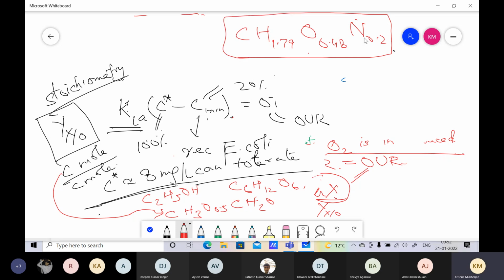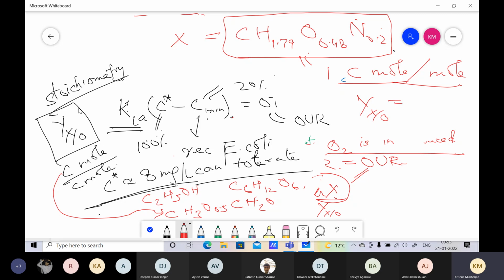So, other things are very small. P and S are all very small. So we write it as C1. So this is biomass, and this is 1 C mole of biomass. This many grams, if you calculate it, is 1 C mole. So you can calculate Yx by O in terms of C moles per mole of oxygen, C mole per mole, which is an easy stoichiometric calculation which you must have done in your earlier courses.